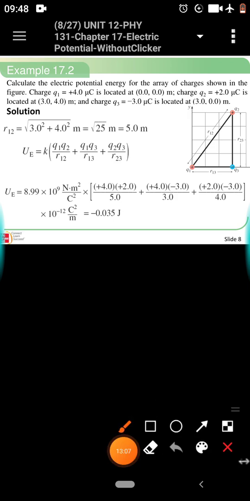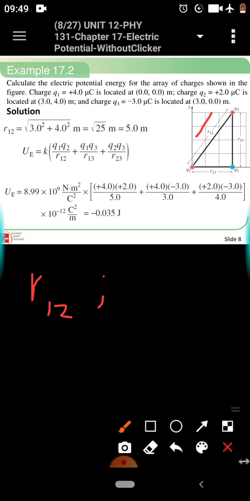Here we call this one R12. So how can we find R12? To find the distance, you are given the points, so to consider.